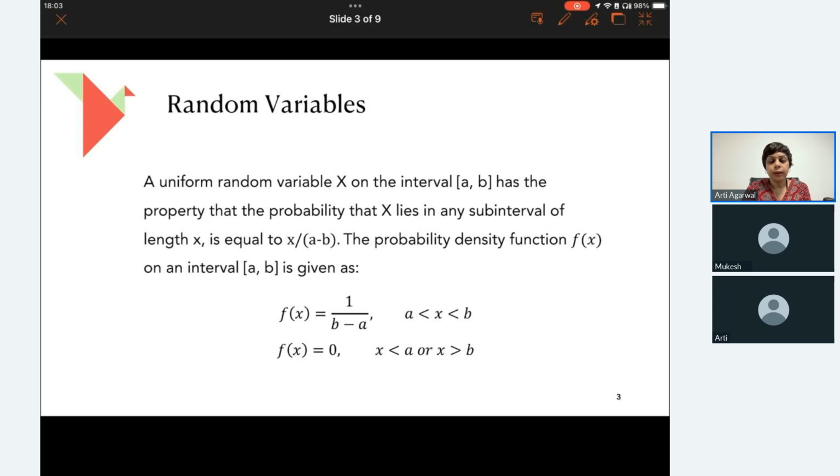I've defined the probability density function, but it's a very simple form of continuous random variable. The uniform random variable is, I think, the simplest random variable you can find, and I guess that is the reason why we use that a lot in some of this auction theory.